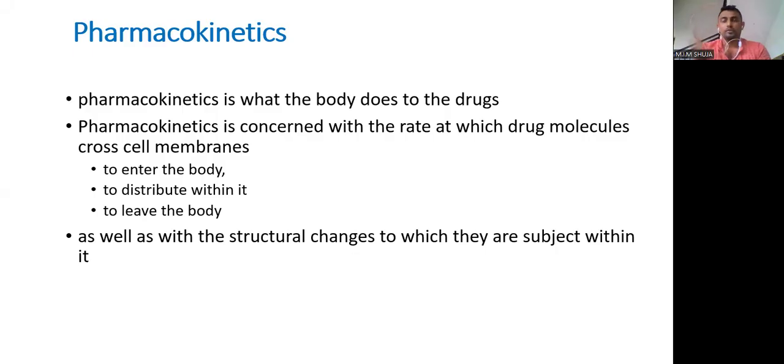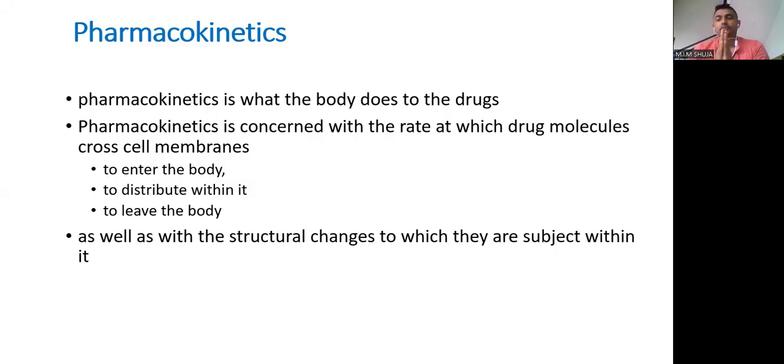Then it goes to the duodenum and small intestine, where it gets absorbed from the gut. Before it gets absorbed, it should come to a solution form. The tablet you are taking is a kind of solid. So with the things happening in the GI tract, it comes to a solution form.